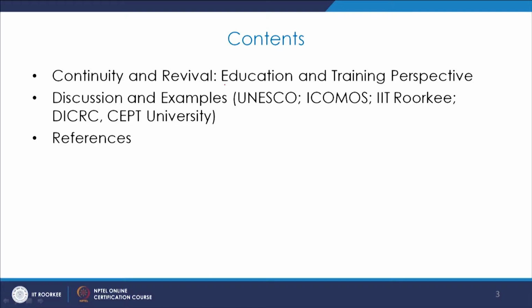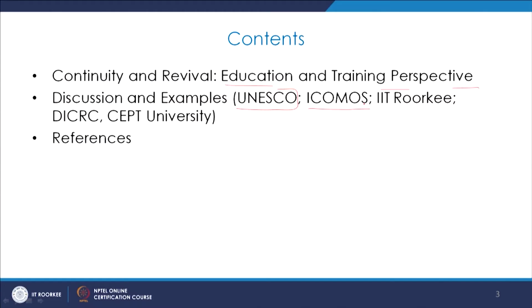So that's what we are going to discuss today, and we will also see a few examples. In this module we will talk about the education and training perspective, and with the help of that, how to talk about the continuity and revival of the craft forms. There would be some examples like UNESCO, the kind of framework they suggest which highlights this component.